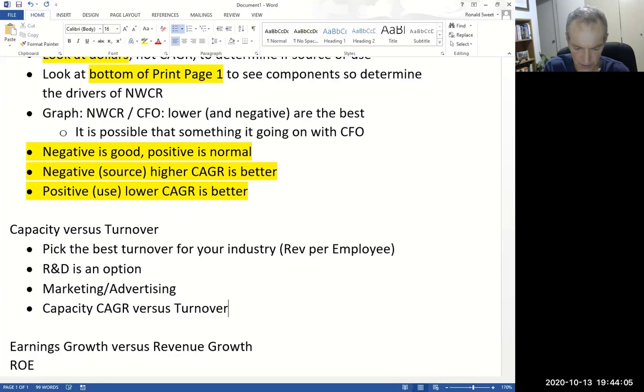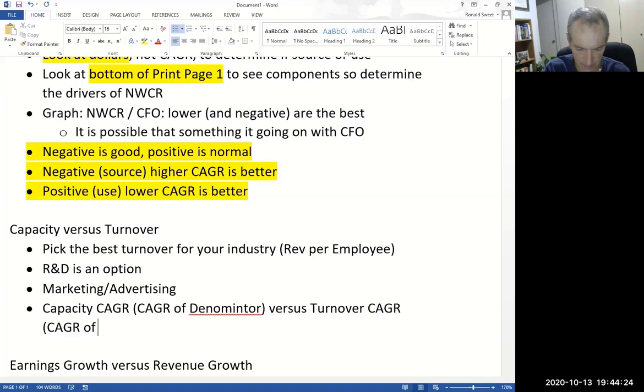And some students really get confused on this. So capacity growth, you're just looking at whatever's in the denominator. So it's the growth, the CAGR of the denominator. And this is the CAGR of the ratio.